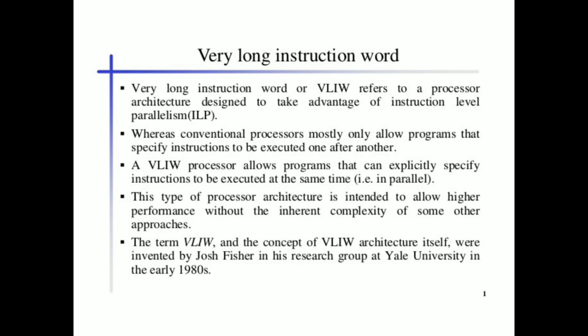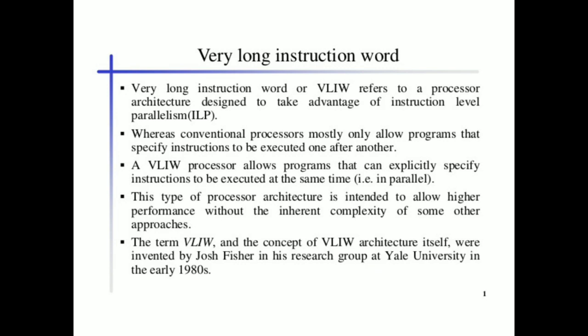A VLIW instruction contains operands and operations to be performed by the various functional units. One VLIW instruction encodes at least one operation for each execution unit of the device.